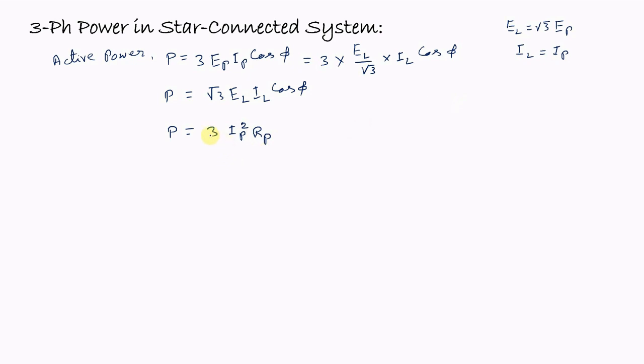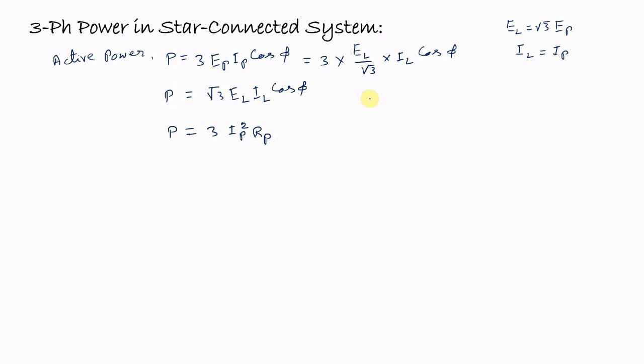So for a balanced condition over a star connected three phase system, the total power will be 3 times I phase square into R phase. So the active power can be represented by any of these formulas, that is either 3 E phase I phase cos phi, or root 3 EL IL cos phi, or 3 I phase square into R phase.